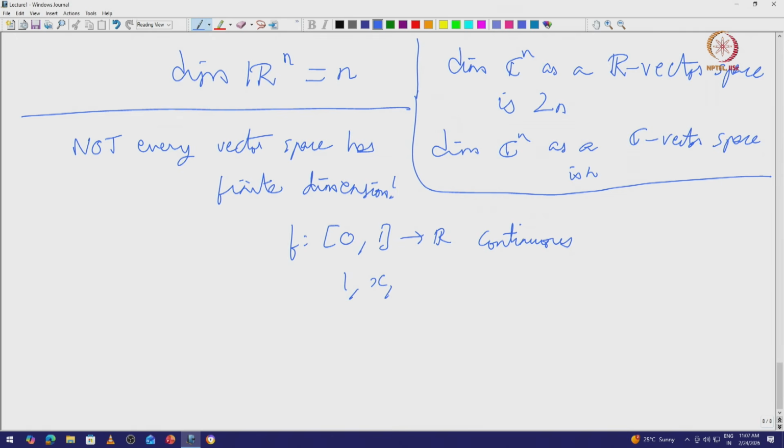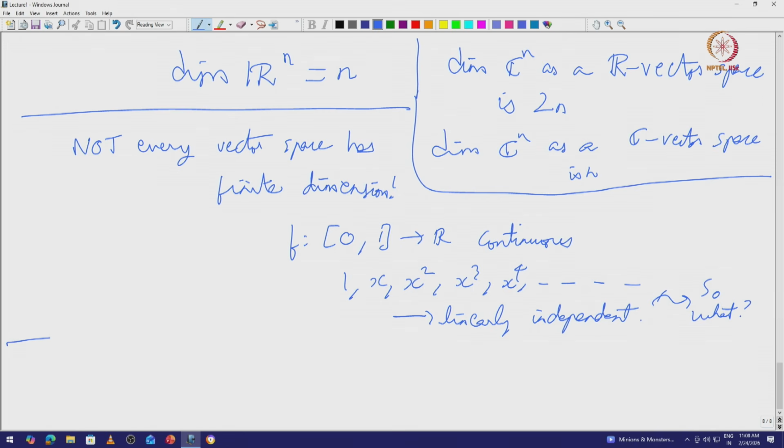Because the polynomials are all linearly independent. If you take any finite linear combination of them and you set it to 0, then all the coefficients must be 0. And they are infinitely many in number, and a finite dimensional vector space can never have an infinite linearly independent subset. Why not? It follows from whatever we discussed earlier, and I urge you to think about it. So that's a caution.